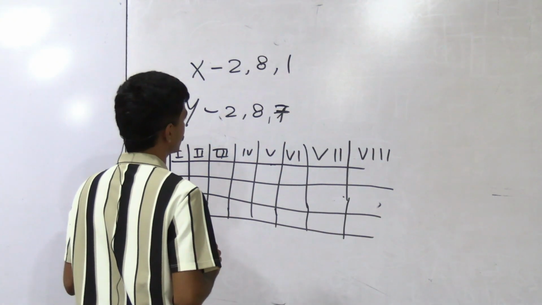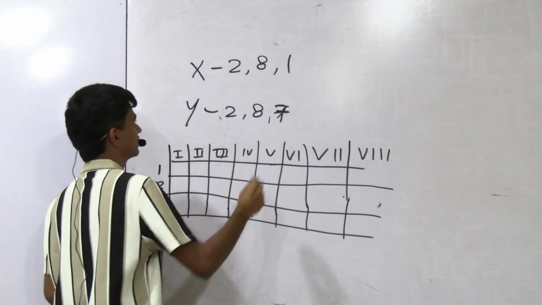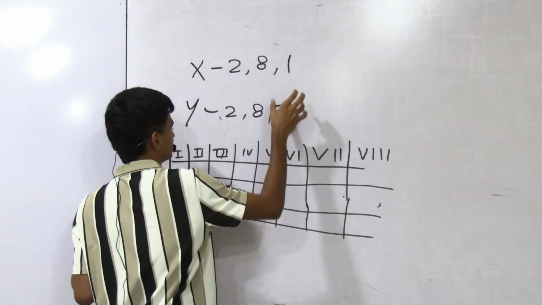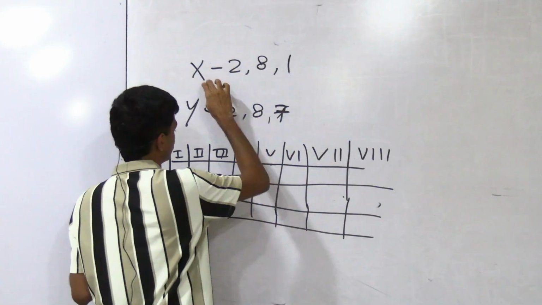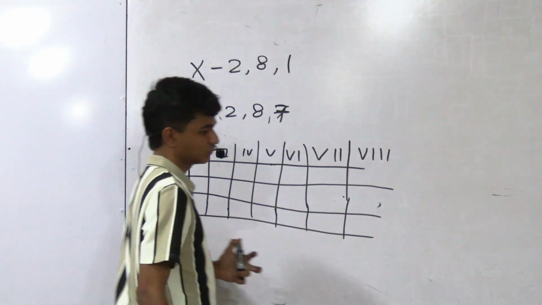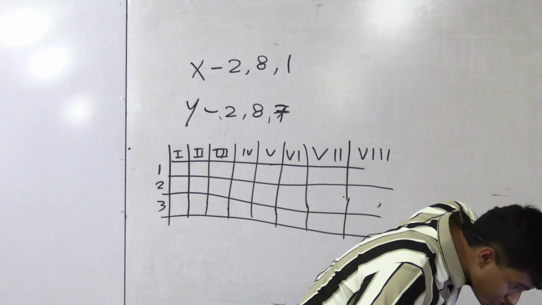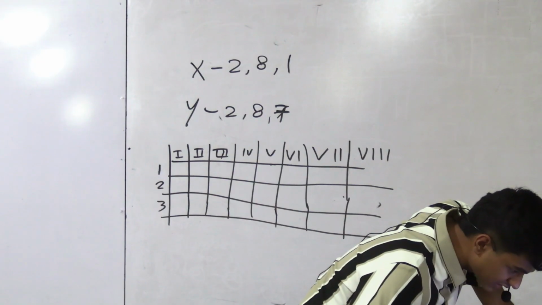But when it comes to group number, they have different group numbers. We can sort it out from here. If we look here, this has 1, this has 7. So Y belongs to group 7, X belongs to group 1. So the false statement should be answer number 2, located in the same group in the periodic table.